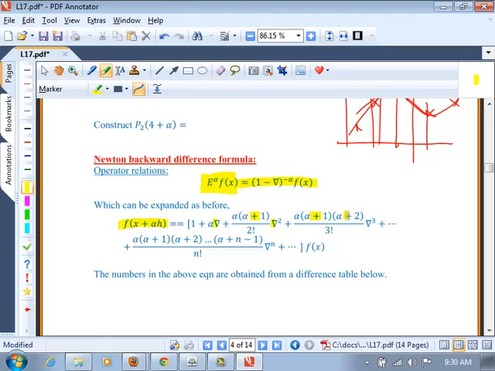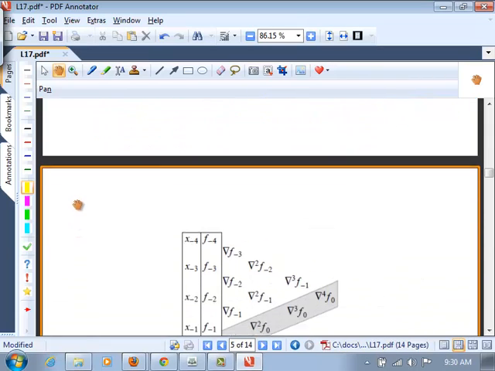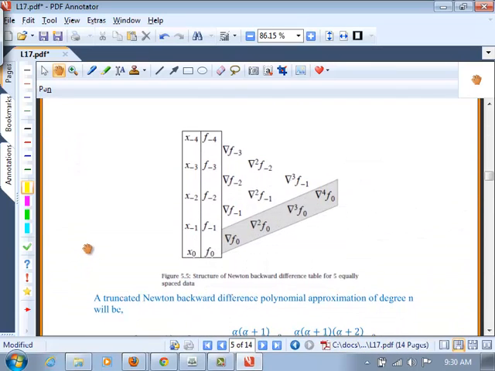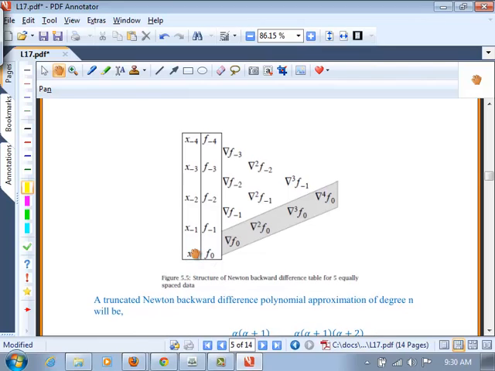The same set of data points, our labeling has changed. Now I call this my reference point, x0, y0. All the points are labeled -1, -2 because they are looking behind from the reference point. I'm calling this x0, so this will be x-1, this will be x-2.